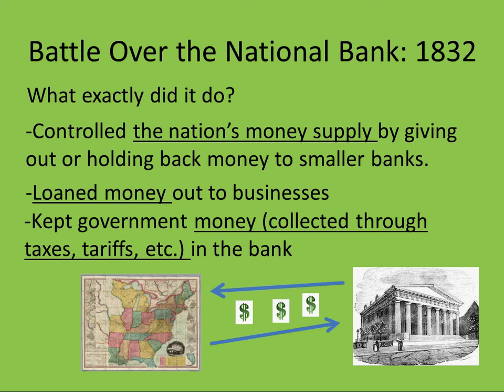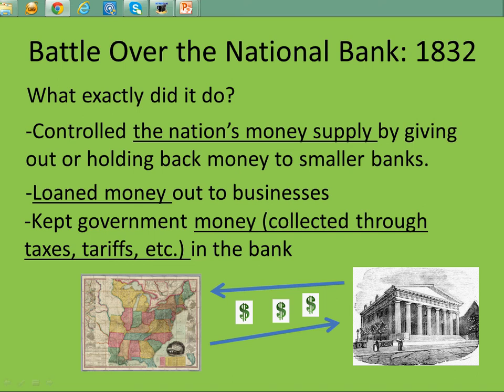The National Bank controlled the nation's money supply by giving out or holding back money to smaller banks. So the bank actually regulated how much money was available in the country. This one institution was deciding for everyone how much money should be allowed into the system.